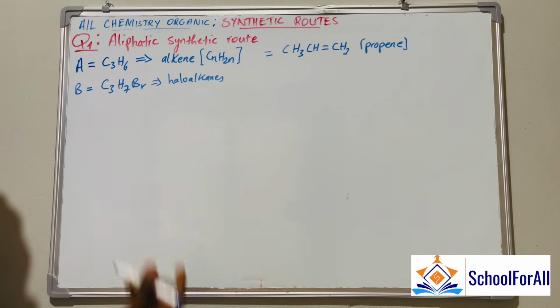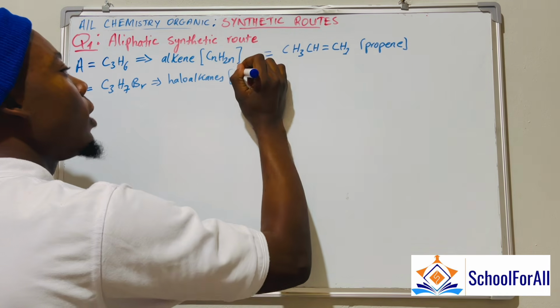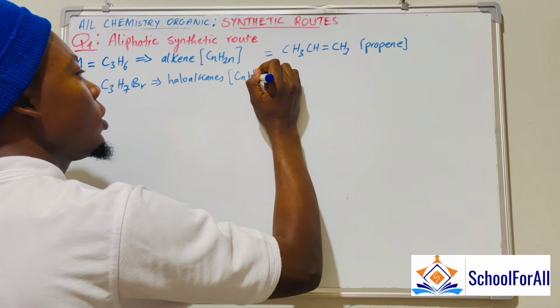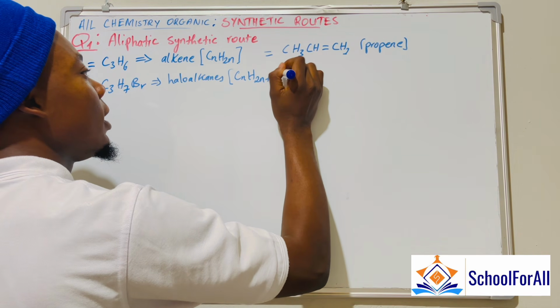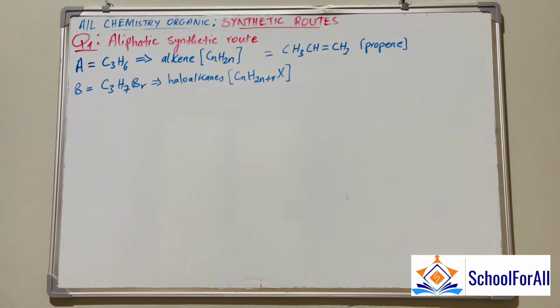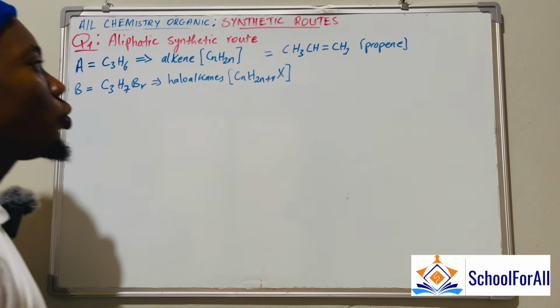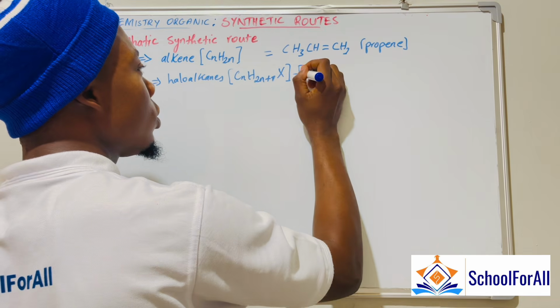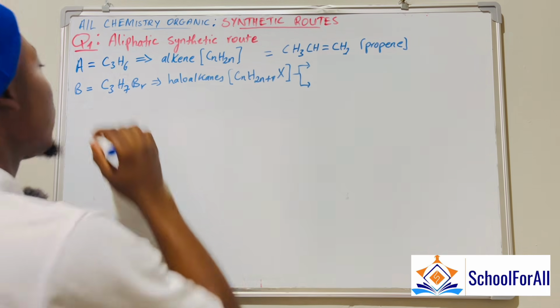And also there is a halogen, so we think about haloalkanes, with general formula CnH2n+1X.